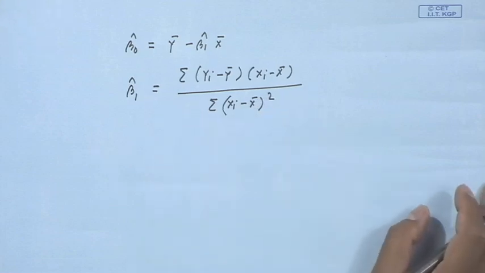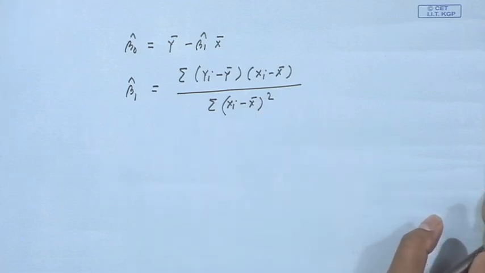So, we have learned how to fit a simple linear regression model given a set of observations, say x I, y I for I equal to 1 to n. We know how to fit a simple linear regression model like y I equal to beta naught plus beta 1 x I plus epsilon, and here are the least square estimators beta naught hat and beta 1 hat.